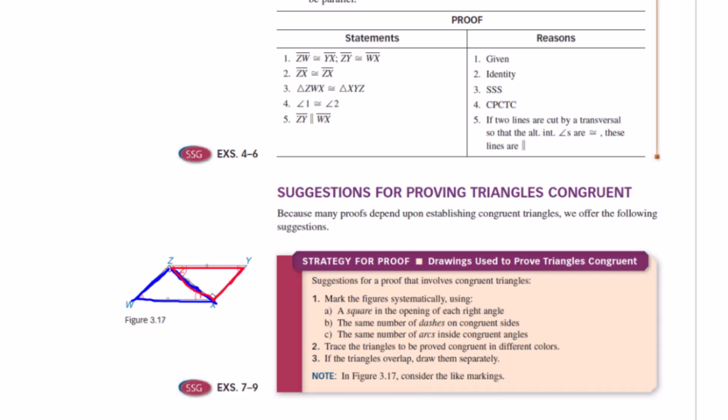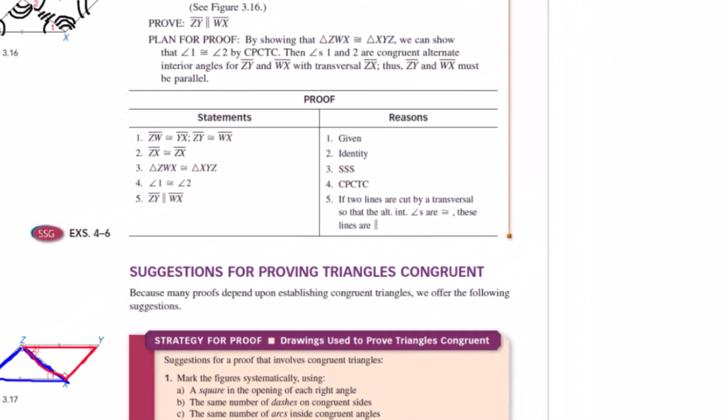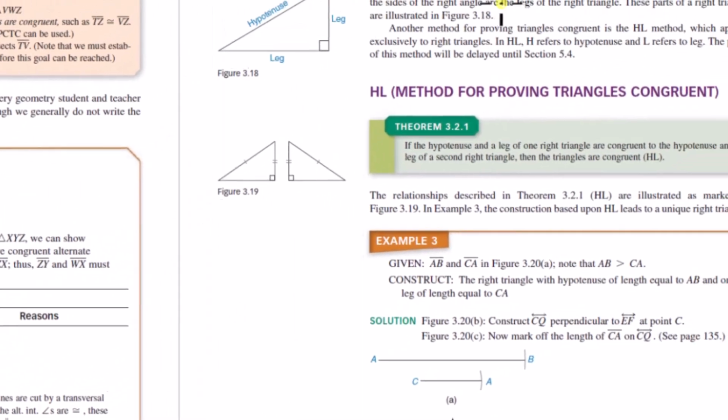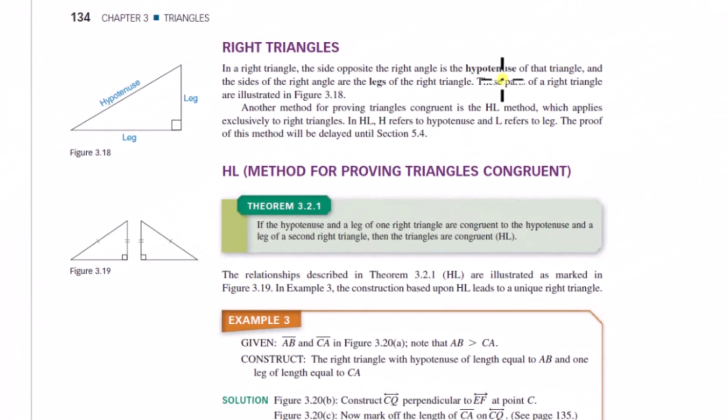All right, right triangles. In a right triangle, the side opposite the right angle is the hypotenuse of that triangle, and the sides adjacent to the right angle are the legs of the right triangle. These parts of a right triangle are illustrated in the figure. So some official notation for right triangles is you call the side opposite the right angle the hypotenuse, and the two sides adjacent to the right angle are the legs.